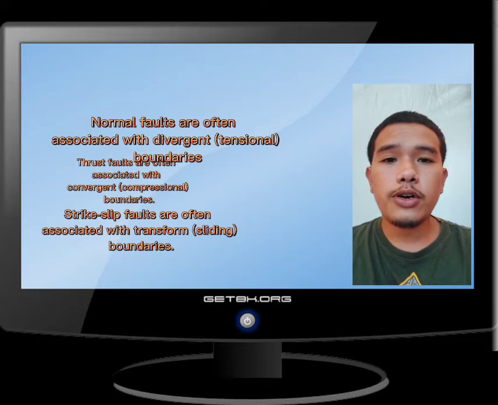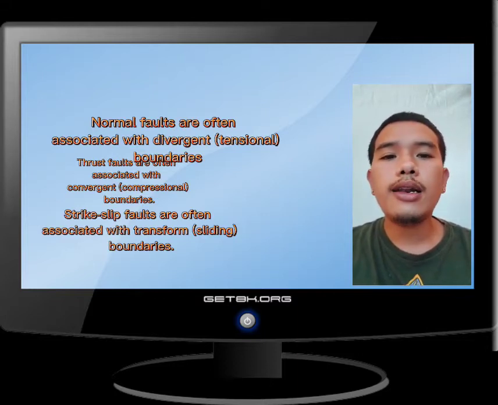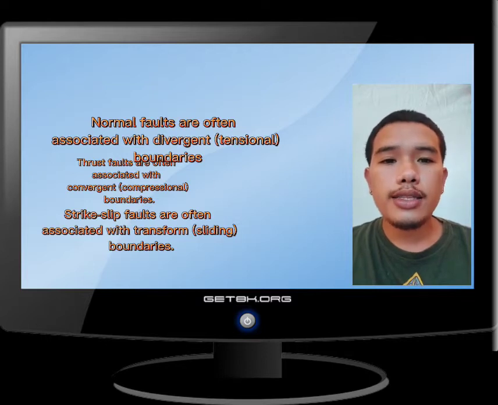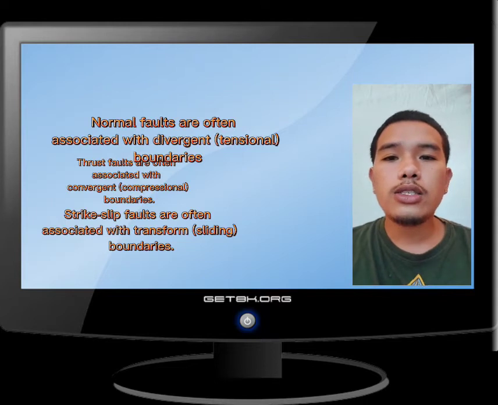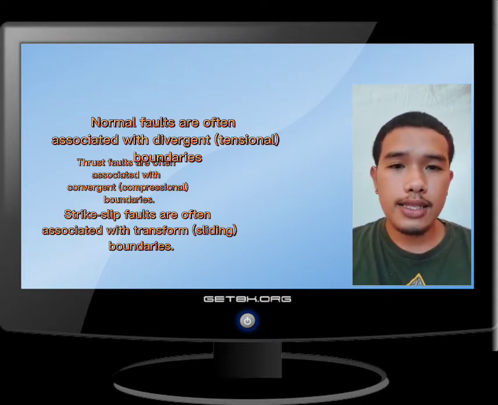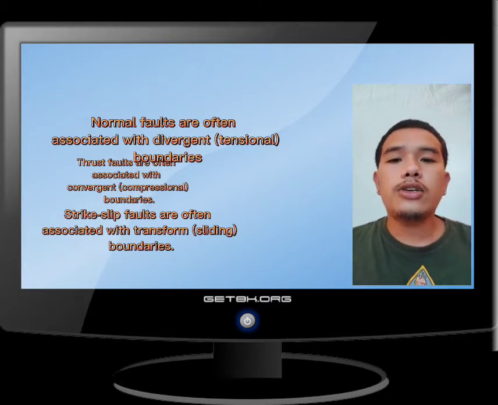Reverse faults occur at convergent plate boundaries, while normal faults occur at divergent plate boundaries. Earthquakes along strike-slip faults at transform plate boundaries generally do not cause tsunamis because there is little or no vertical movement.